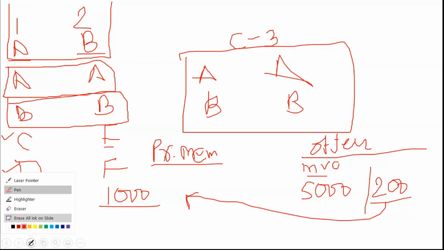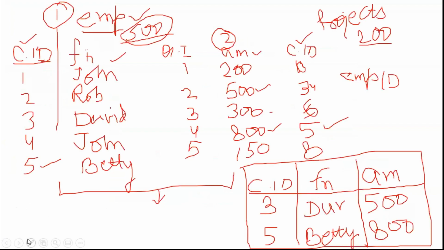Okay, so let me use the pen again. Just hold on. Suppose I have two tables. In table A, the entries are 1, 2, 2, 3, and 4.